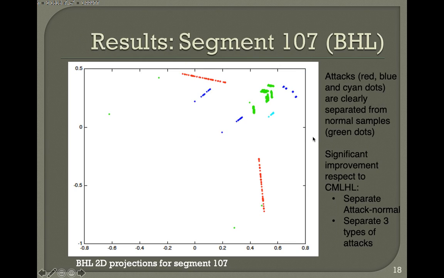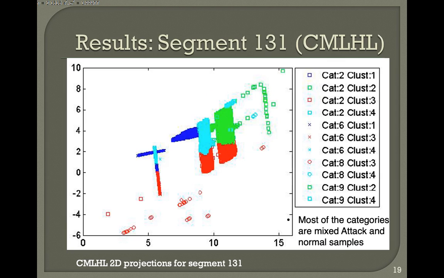In case of beta Hebbian learning, the final projection does not mix these attacks, so the normal behavior green dots are separated from attack number 1, which is the blue one, attack number 2, which is the red one, and attack number 3, which is the cyan. So all the samples, all the types of attacks, are separated.